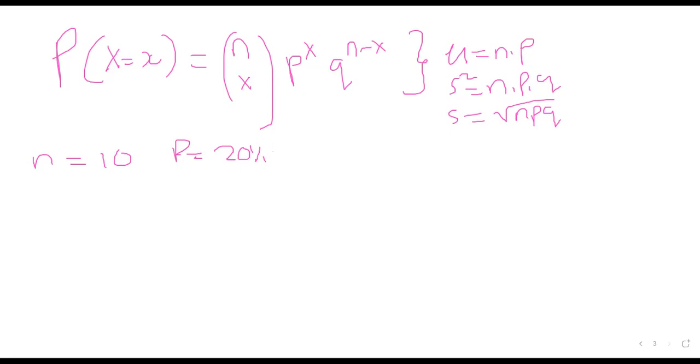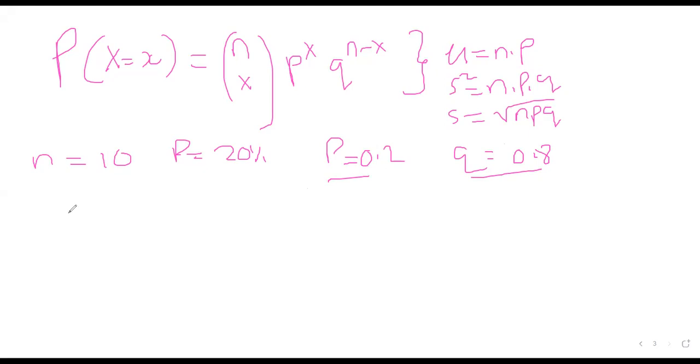Help me understand, what is our P? Our P is 0.2. The Q is the remainder, so our Q is 80%, which is 0.8. The two must add up to 100. P and Q must add up to 100. You're never given Q, you're only given one part.